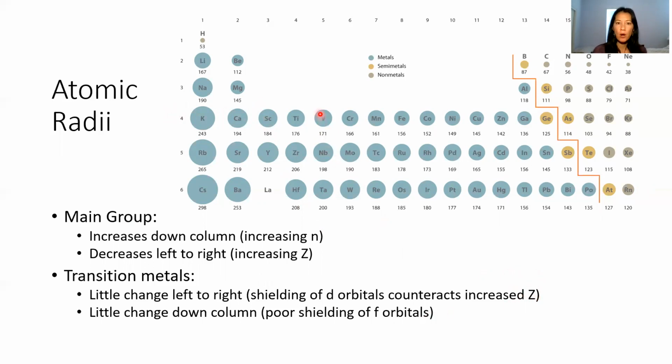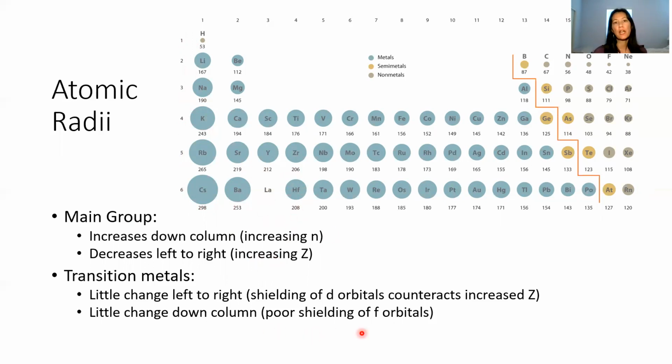As you go down into the lanthanide series and actinides further down, you're starting to add into F orbitals. Going down, we would have expected that we're adding more n levels, making the atom size and radii larger. But what ends up happening is you're filling F orbitals.